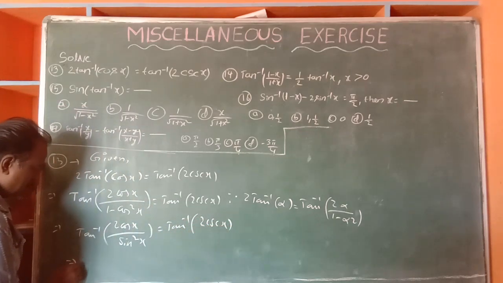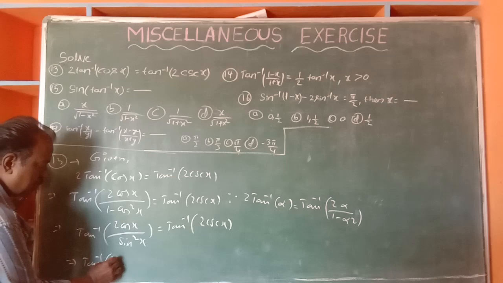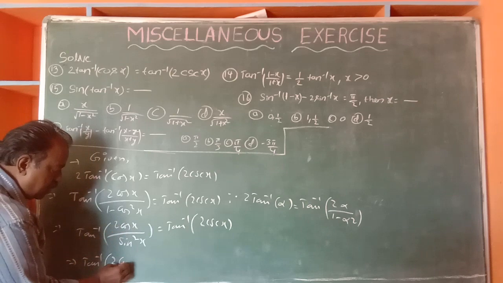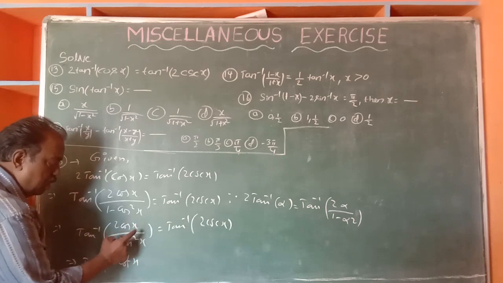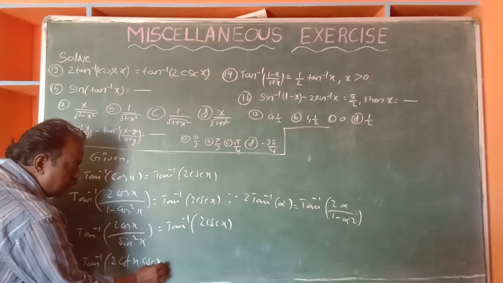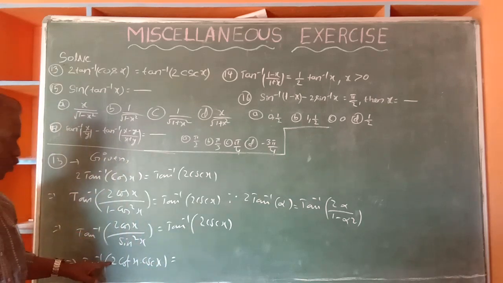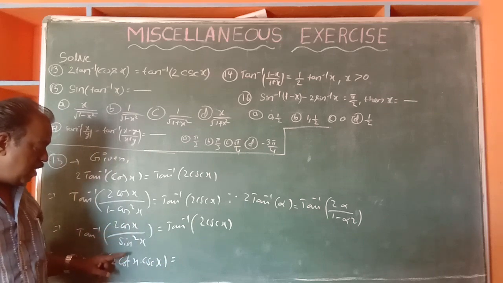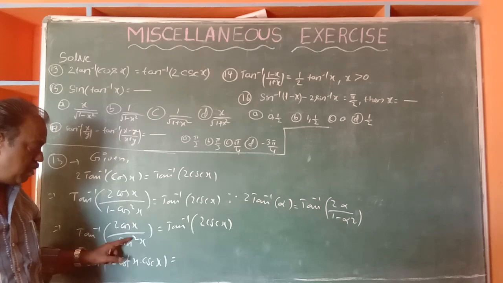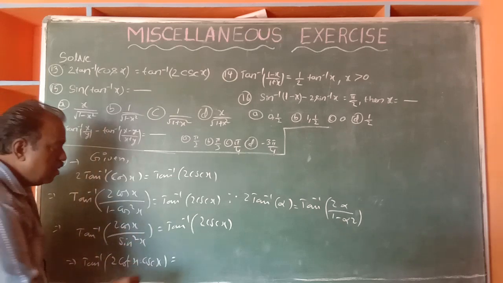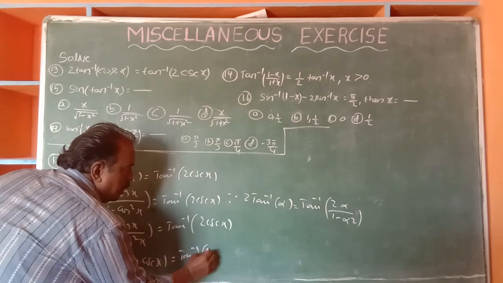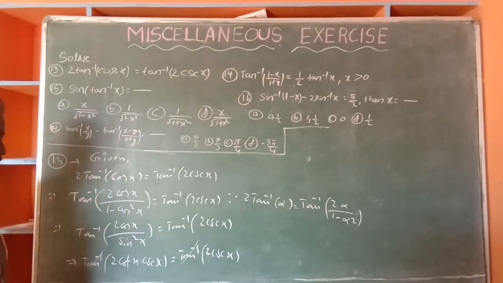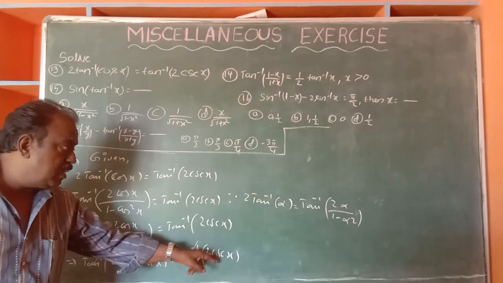Now you see, cos by sin is cot x and 1 by sin is cosec x. Two as it is. Cos by sin squared: cos by sin is cot, and there remains sin in the denominator, so 1 by sin is cosec x. In the RHS it is tan⁻¹(2 cosec x) as it is. So tan⁻¹ cancels and 2 cosec cancels.